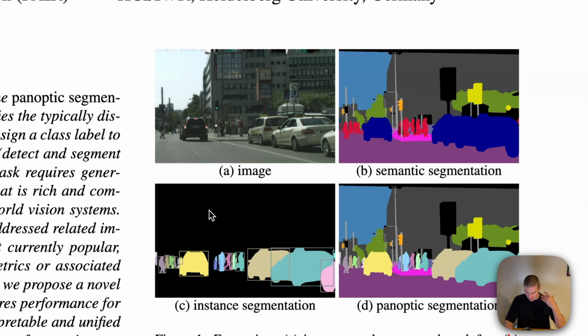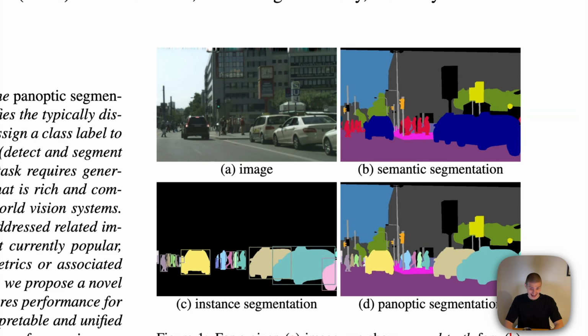Slightly different task is called instance segmentation, where now, apart from just saying to what type of object the pixel belongs, we want to say to which specific instance of that object the pixel belongs. So we now want to distinguish car number 1, car number 2, car number 3, person number 1, person number 2, person number 3.